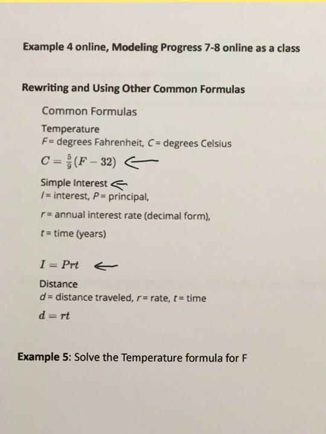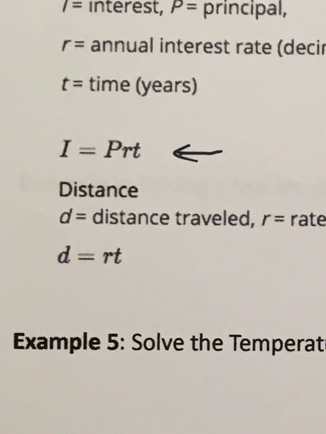But in terms of interest, the P is typically set up for investment. Principal is the money that you put in it. So say you have $10,000 and you want to invest it. That's called your principal. The R is the rate that they give you. So if you do a really safe investment, maybe it's going to be 3 or 4%.